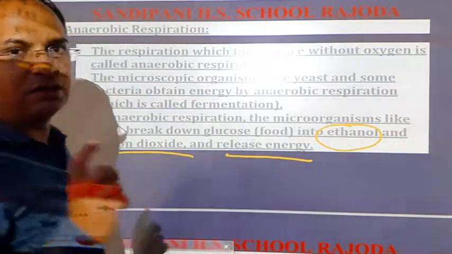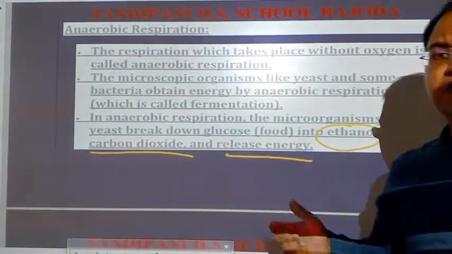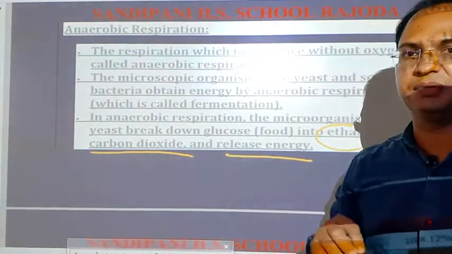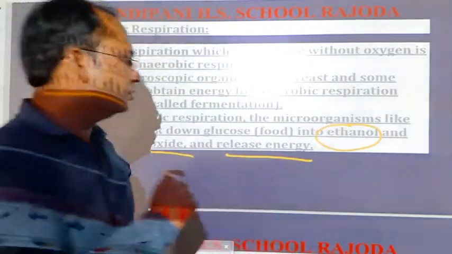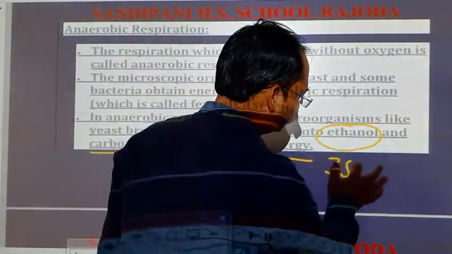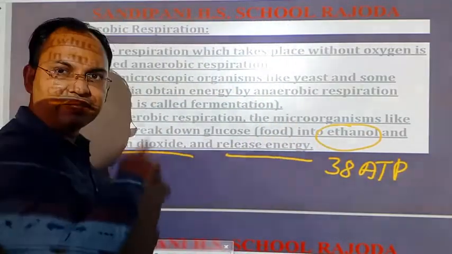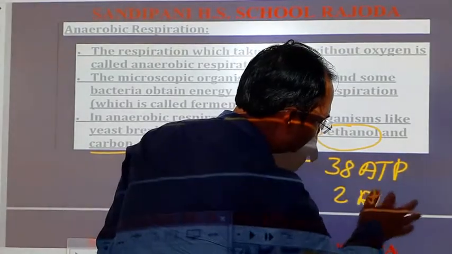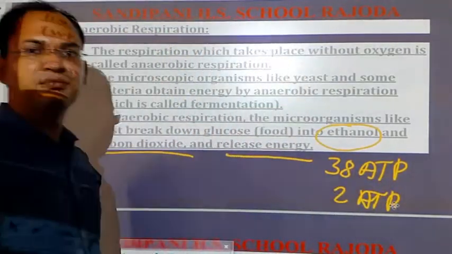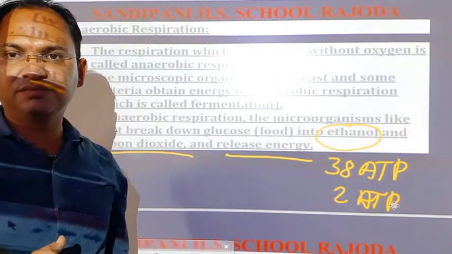But remember, the amount of energy is very different compared to aerobic respiration. In aerobic respiration, 38 ATP of energy was produced, but in anaerobic respiration, only 2 ATP of energy is produced. You can see how big a difference this is.